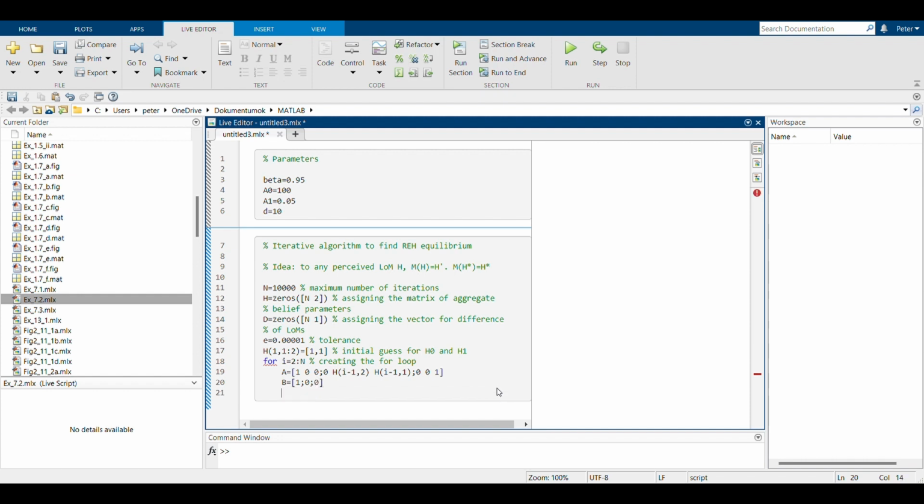Zero minus A1 over 2, A0 over 2. So 0 minus A1 over 2, A0 over 2, second row minus A1 over 2, 0, 0, and A0 over 2, 0, 0.